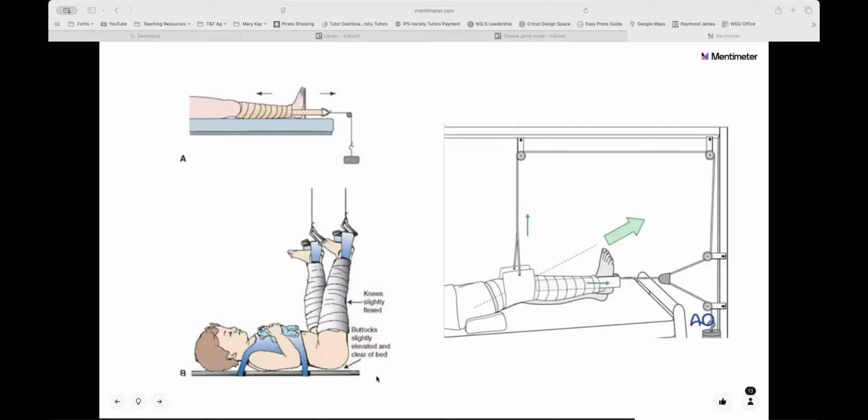What type of traction is that? Is it like a cervical traction? No. That would be traction on our skull.